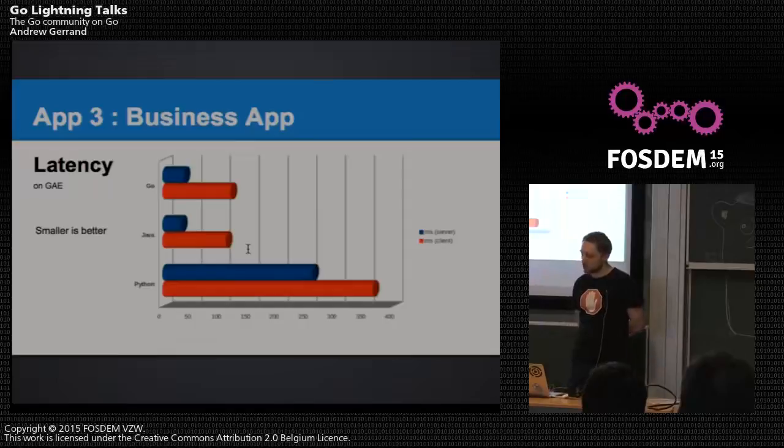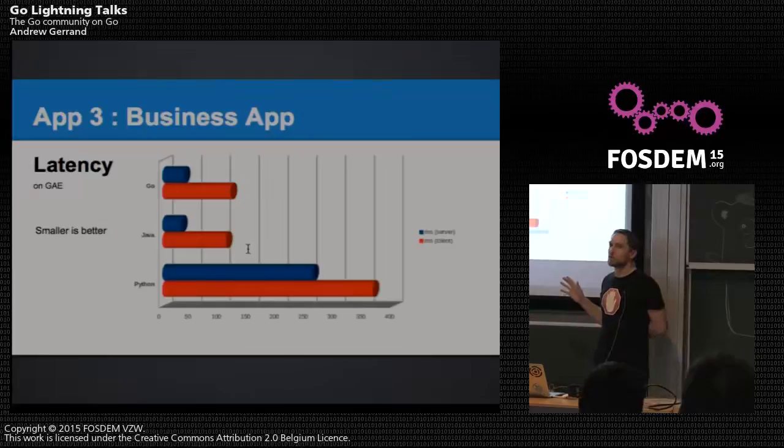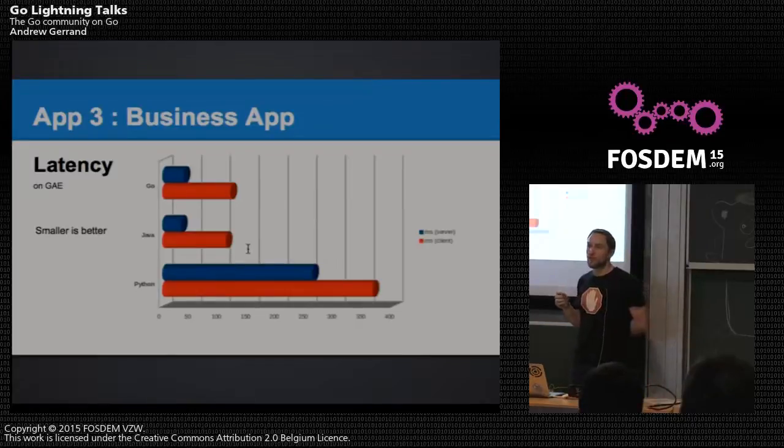Python is slower by almost one order of magnitude. I did not have the time to implement the same in PHP because PHP does not have a native library to access the datastore. Instead, I would have had to implement some RPC calls, and I did not do it, sorry.